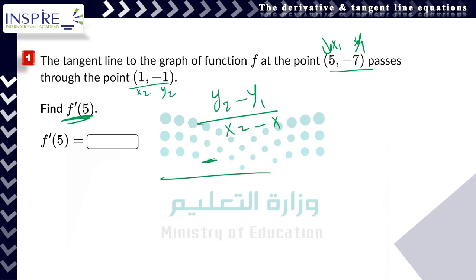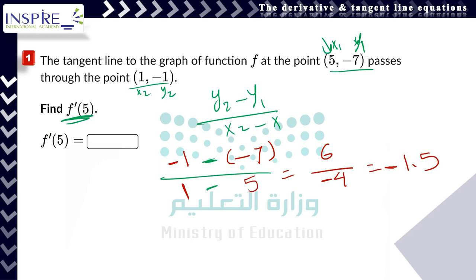Just plug in your numbers. Put your numbers in the calculator, you'll find it to be 6 over negative 4, which is negative 1.5. Negative 1.5. Next one.